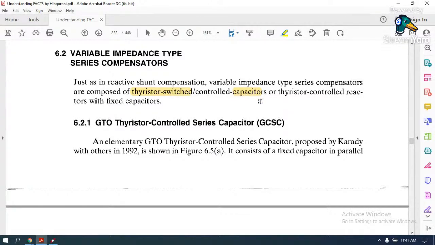These are two devices. Or thyristor controlled reactors with fixed capacitor, where the capacitor is connected in a fixed fashion.